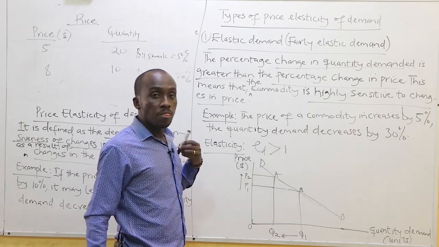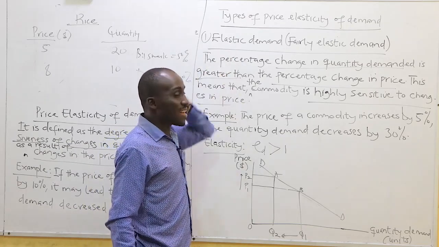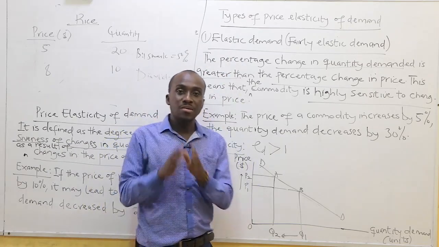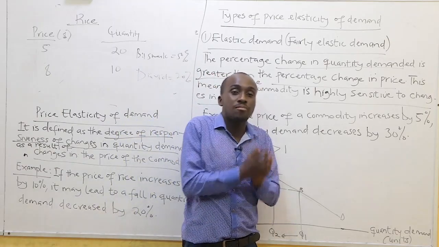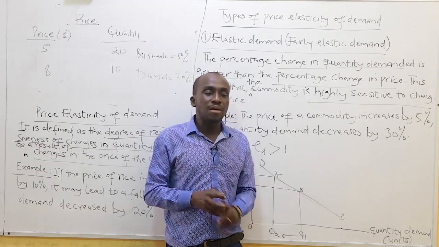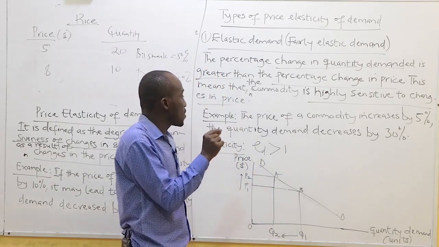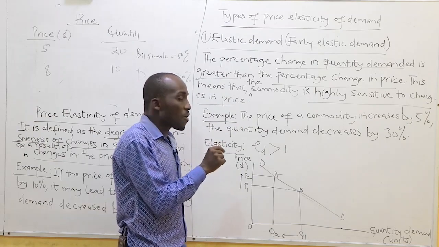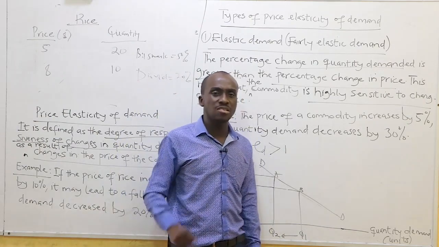If a commodity is elastic demand, it means that the percentage change in quantity demanded is higher than the percentage change in price. Which means that if the price increases, the commodity is very sensitive to changes in price.